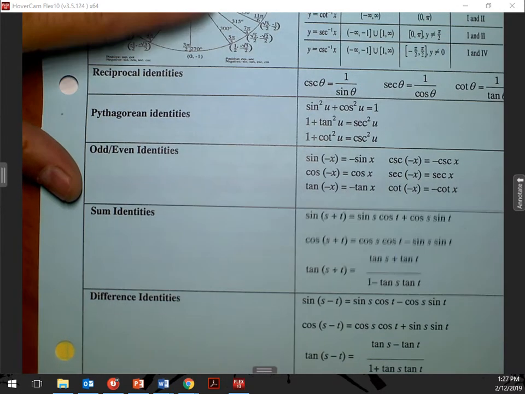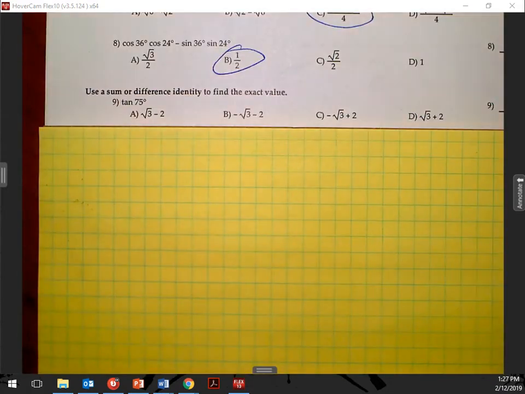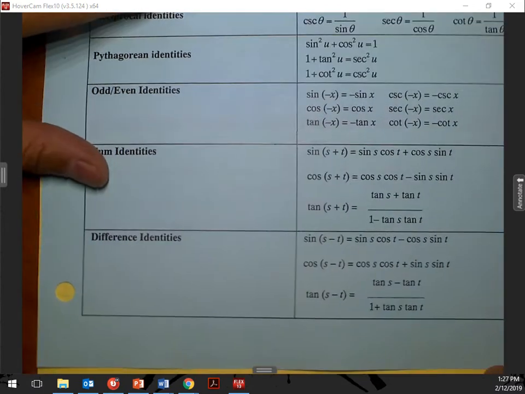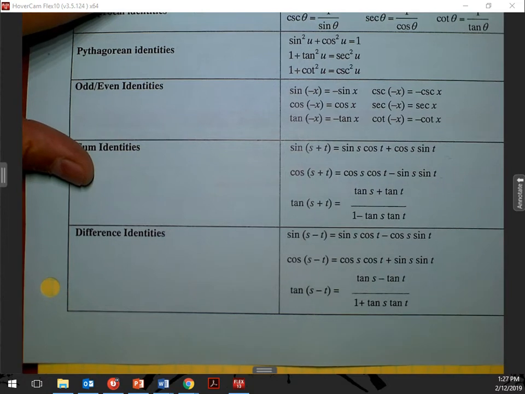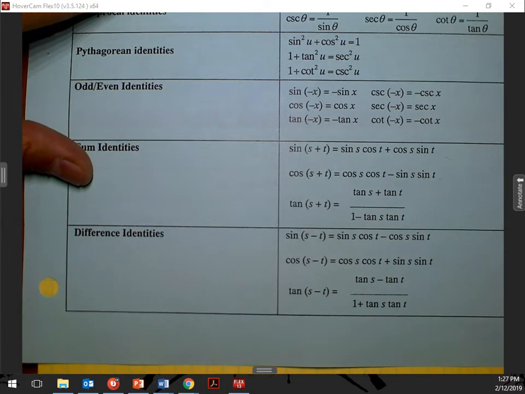Okay. All right. So look, here's all your identities. It's the same one that's going to be on the test. I had one of these back in 8th grade, but we had to memorize this entire chart, and we had to be able to write it out on a piece of paper the day of the test.